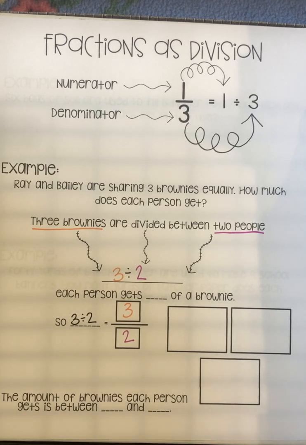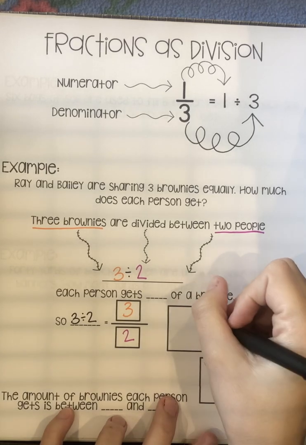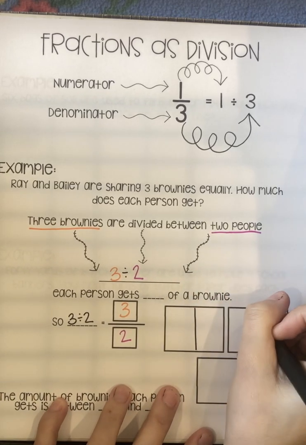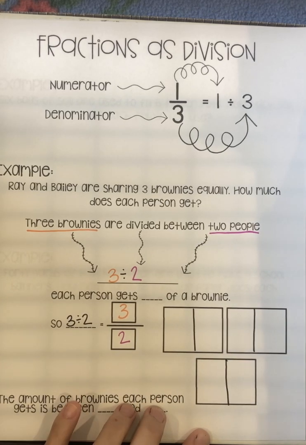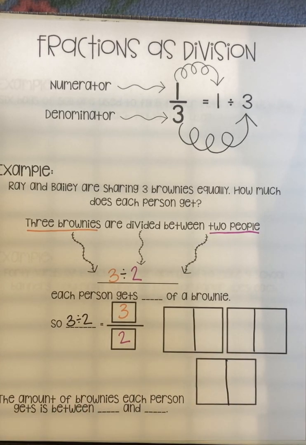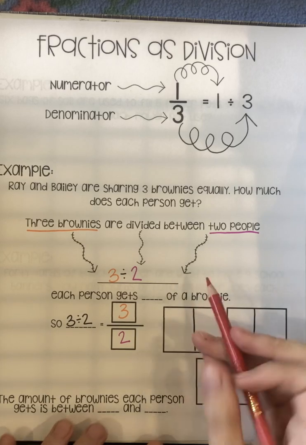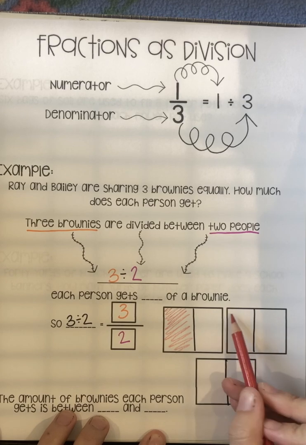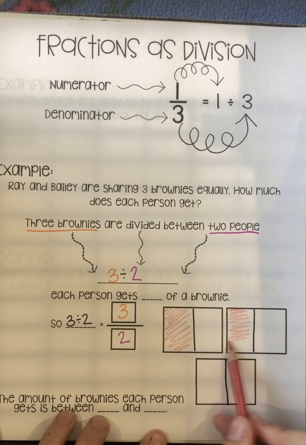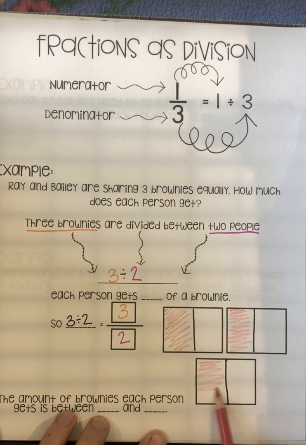So if we have our 3 brownies, we divide each one in half, and we can model this. I'm going to shade them in different colors. Ray, I'll shade in red, and Bailey, I'll shade in blue. So Ray will get 1/2, 1/2, and 1/2 of the brownies.